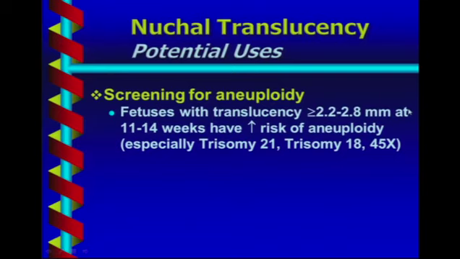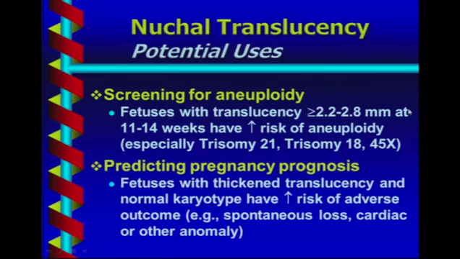Potential uses here are screening for aneuploidy or abnormal chromosomes, and in and of itself, it gives some information. Fetuses with a nuchal translucency bigger than roughly 2.5 millimeters at 11 to 14 weeks have an elevated risk of aneuploidy, especially trisomy 21 or Down syndrome.